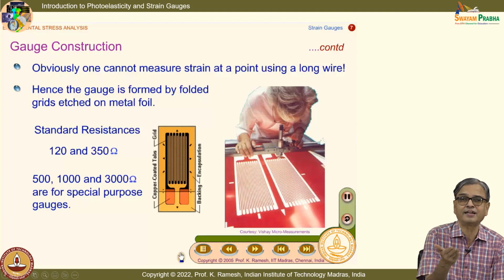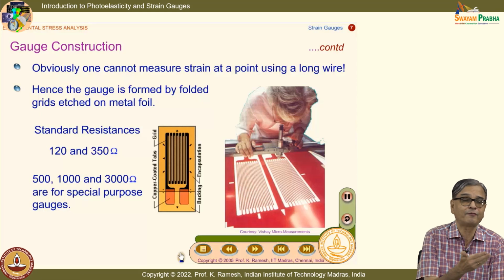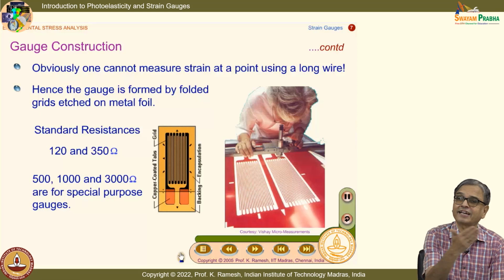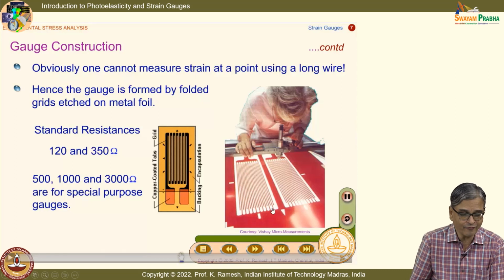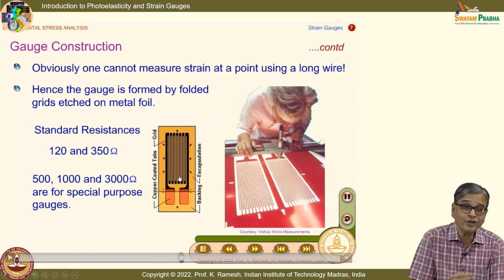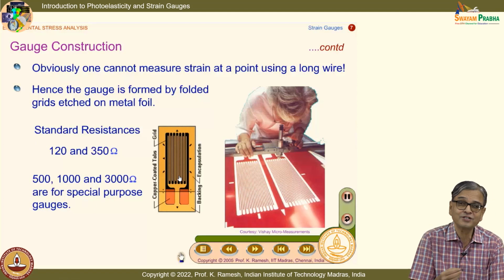Obviously, since you have studied the state of strain at a point, and you have also seen from a photoelastic experiment how the strain field is in the form of fringes, when I am going to have a finite grid like this, it is going to be sensitive to the axial strain, transverse strain as well as shear strain at the point.